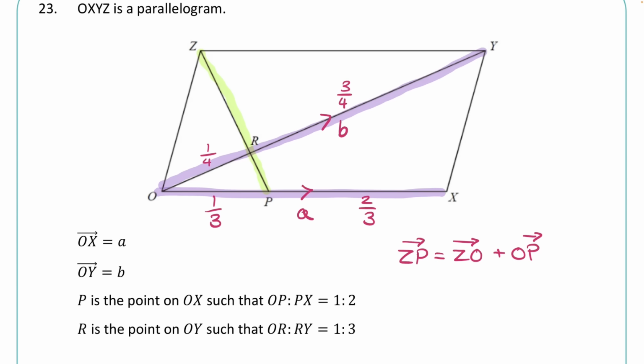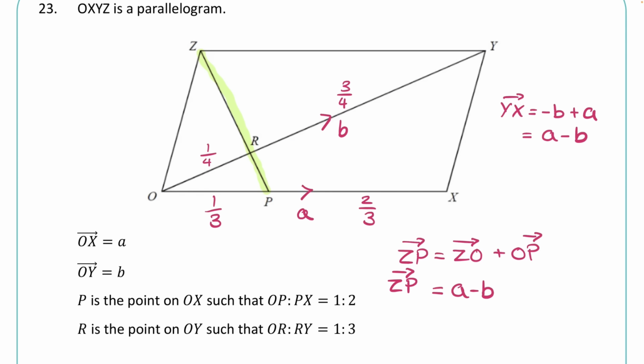So Y to X, if I write that up here, is minus B plus A. Normally, I'll change those round so the minus is in the middle, so A minus B. Now that is the same as Z to O. So over here, where we're looking at our vector, we have A minus B. Again, this is part of the Z to P that we're trying to work out.